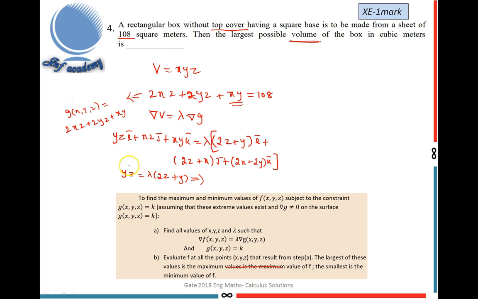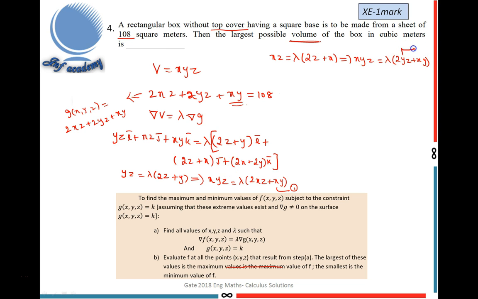I can write, multiply x on both sides. I got xyz equal to lambda into 2xz plus xy. This is the first equation. Next is comparing j vector. I got the coefficient of j vector: xz equal to lambda into 2z plus x. Multiplying y on both sides, I got xyz equal to lambda into 2yz plus xy.